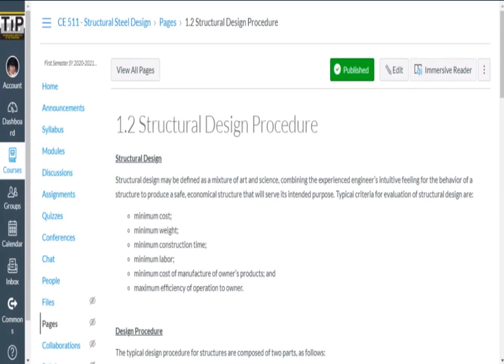That will serve its intended purpose. So that's why we have, aside from the strength requirements, we also have the serviceability requirements. That is, in order for the function of the building not to be impeded. So for example, if the deflections are more than the code requirements, that would mean that some non-structural components may not be usable.